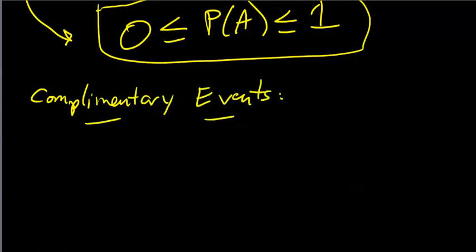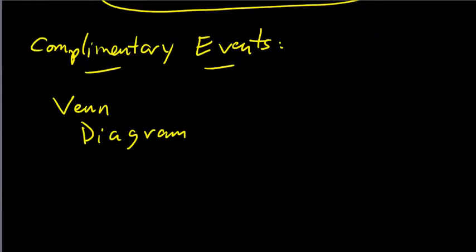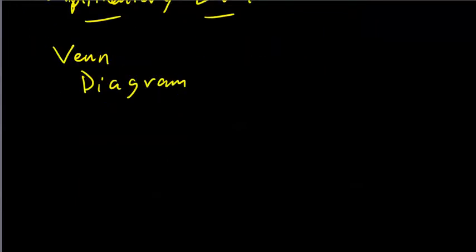Well, we can illustrate this very easily with what they call a Venn diagram. I know many of you have seen these before, even in elementary grades. They seem to be creeping in more and more at earlier and earlier ages.